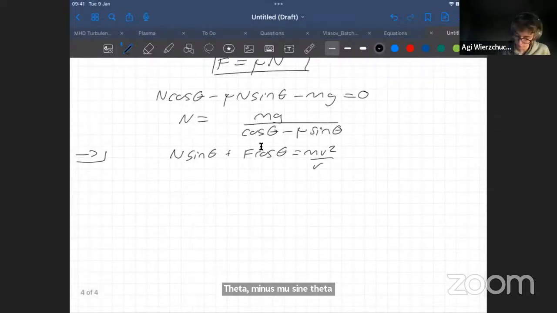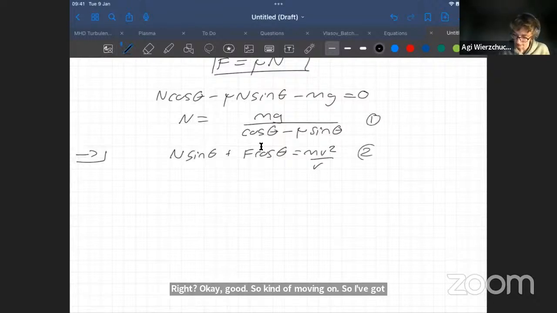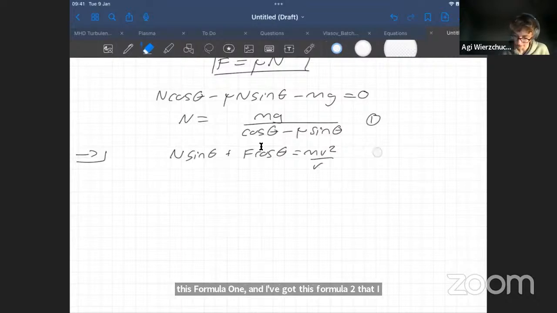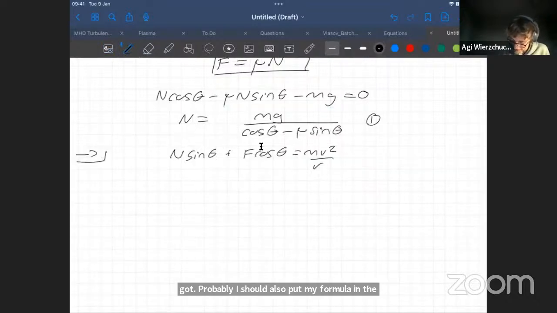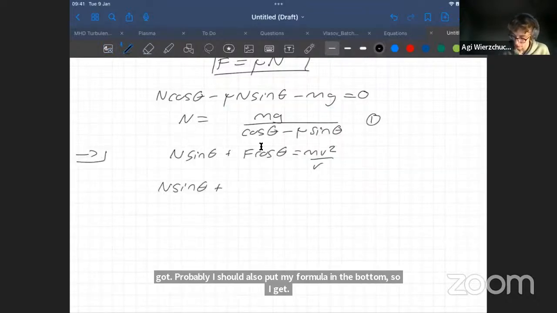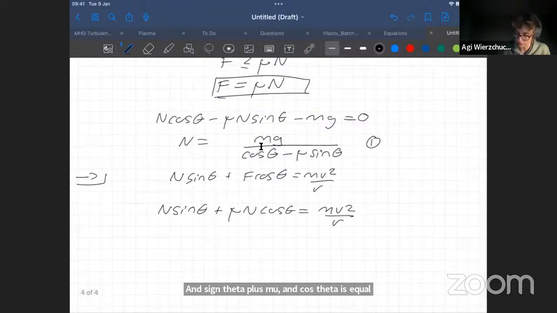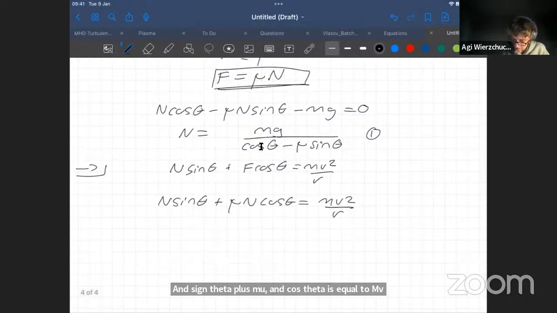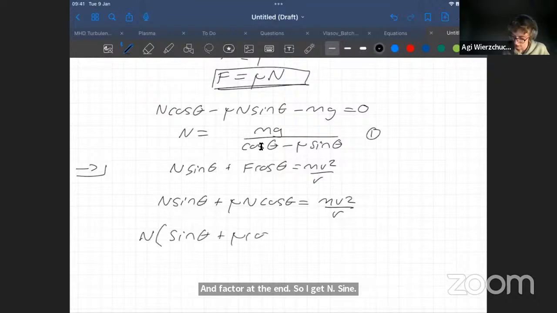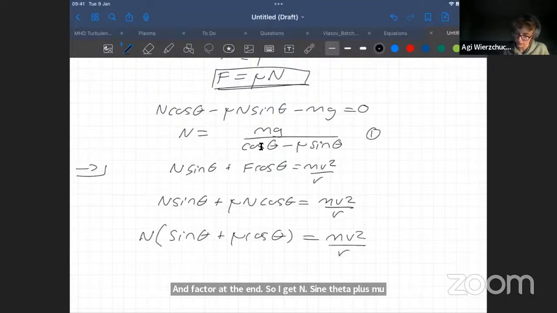So moving on, I've got this formula 1 and I've got this formula 2 that I should also put my formula into. So I get N sine theta plus mu N cos theta is equal to mv squared over r. All I did was substitute this into there and factor at the end. And that's going to be my equation 2.